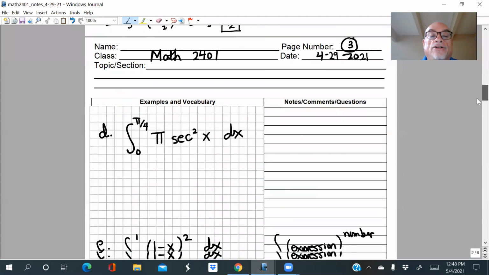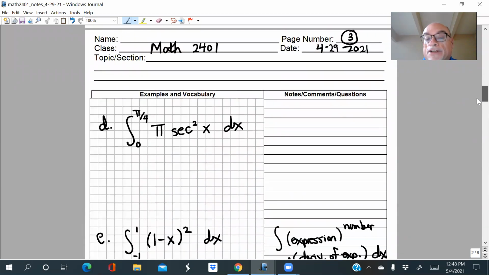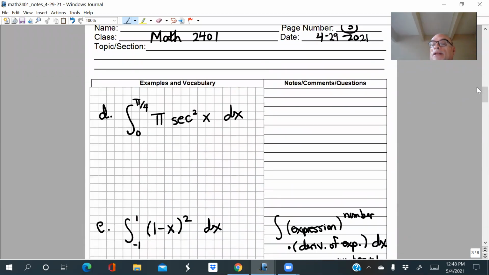Now test number 3 does not include definite integration. Okay, but it does have indefinite integral, antiderivative problems on it. And those are also the subject of the 2 homeworks that are due on Thursday. So as I mentioned earlier in the class, it would be good to look at those 2 homeworks prior to looking at the test.